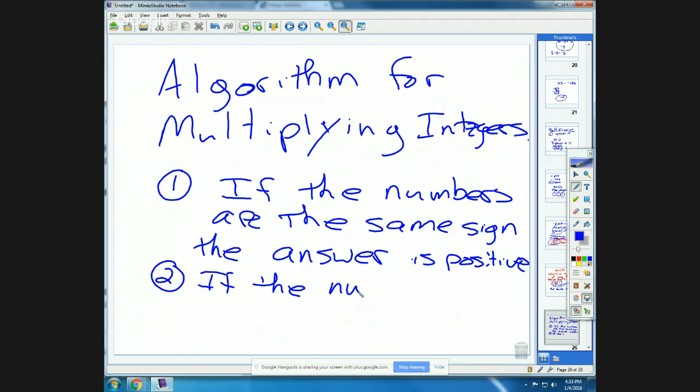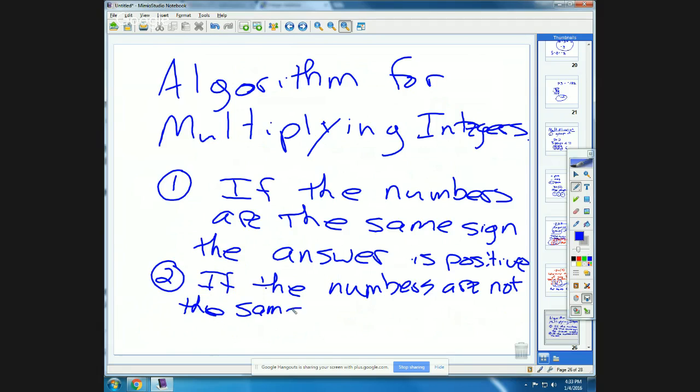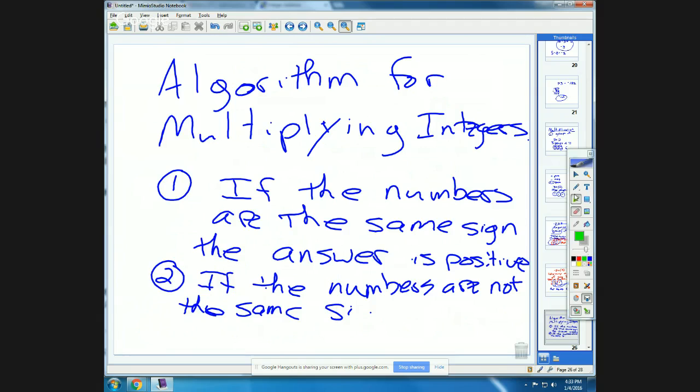So if the numbers are not the same sign, then the answer is negative.